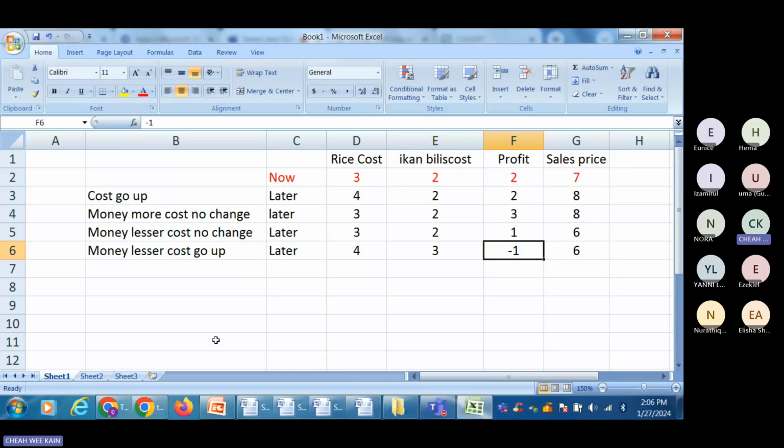You don't make a profit, you make a loss. Therefore, companies go bankrupt. You can see companies going bankrupt because of this. Is that understood? Yes, yes.